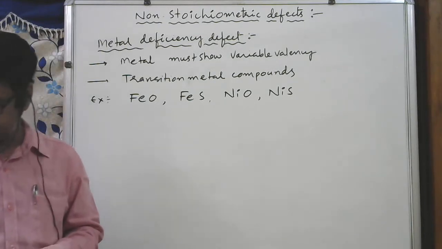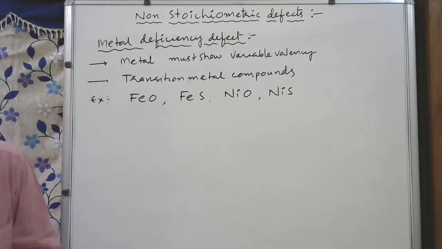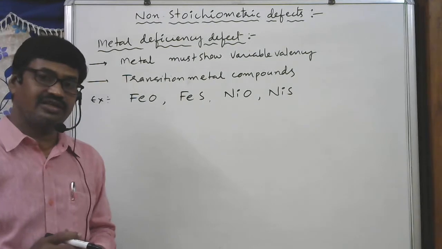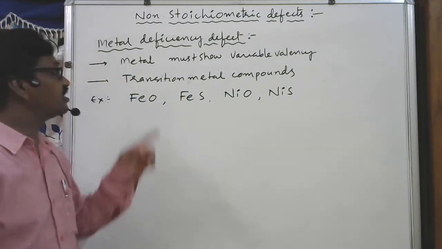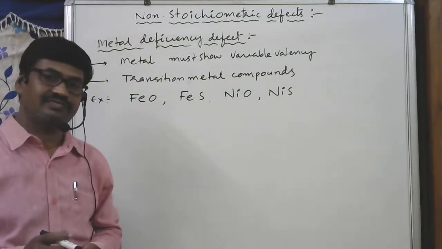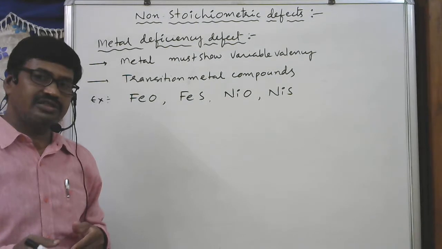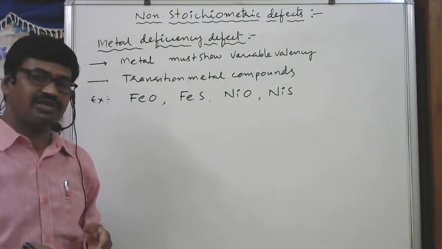Here the stoichiometry of the compound is disturbed. Again, it is considered a non-stoichiometric defect, as the missing of either cation or anion or both disturbs the stoichiometry of the compound.